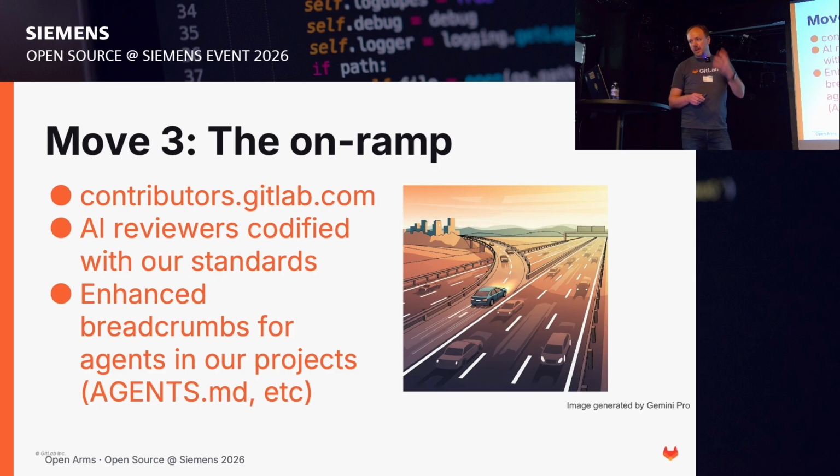And then the last move is the on-ramp and how we are powering our users moving forward. Now, some of this is still very much in progress. We haven't completed any of this work by any means, but these are the things we're doing. All of our reviews, especially our community reviews, come in, and our review bot is powered with our own review standards.